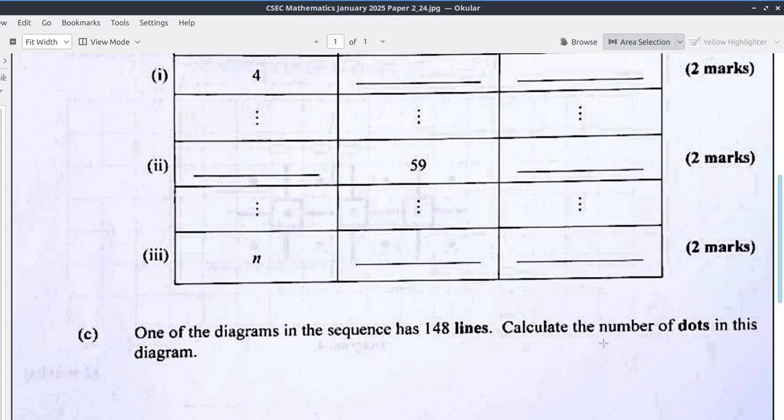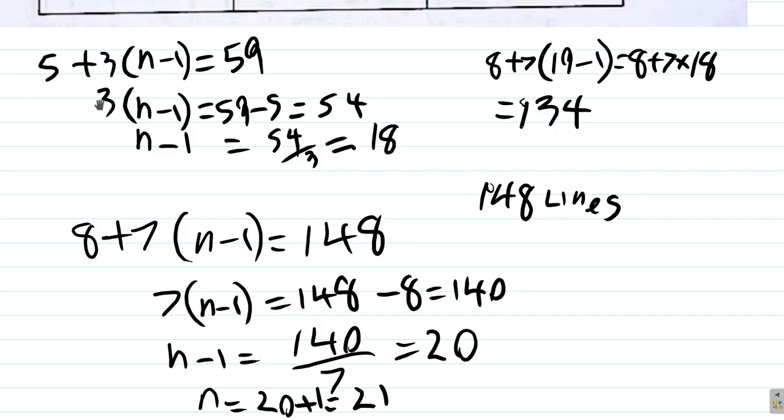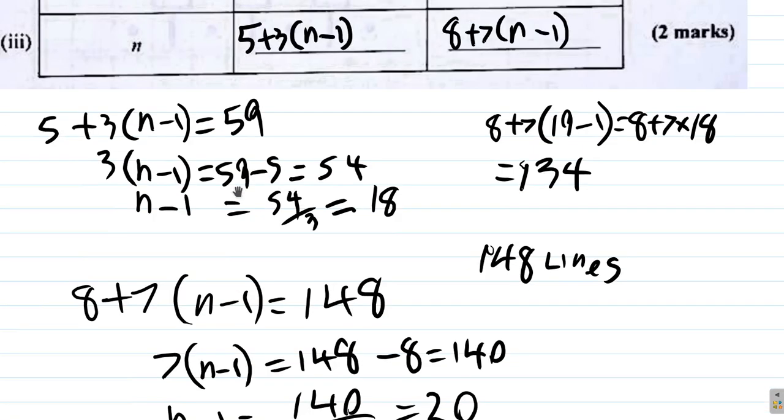And they said to calculate the number of dots in the sequence. So we want to find the number of dots. n is 21.